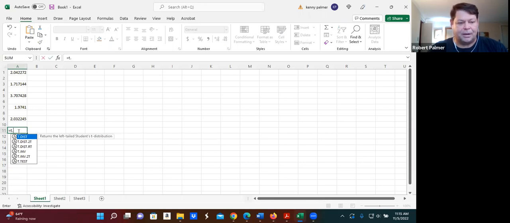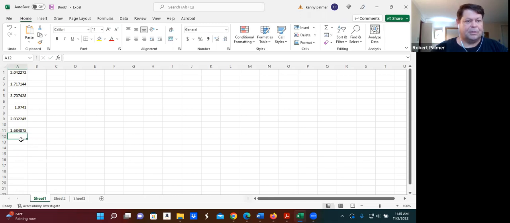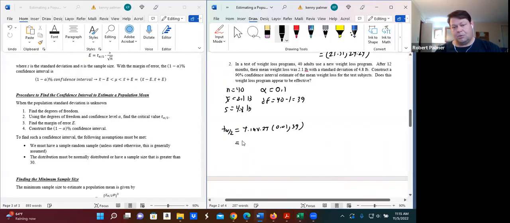Just type T.INV to start, and make sure you click on the correct one. Then 0.1, and then 39. And we get 1.684875. Let's do 3 places again, so 1.685 for our critical value.